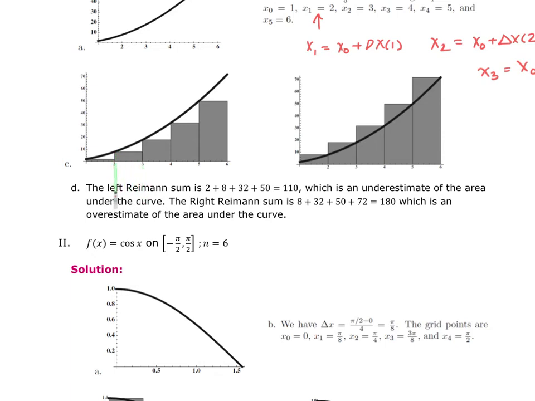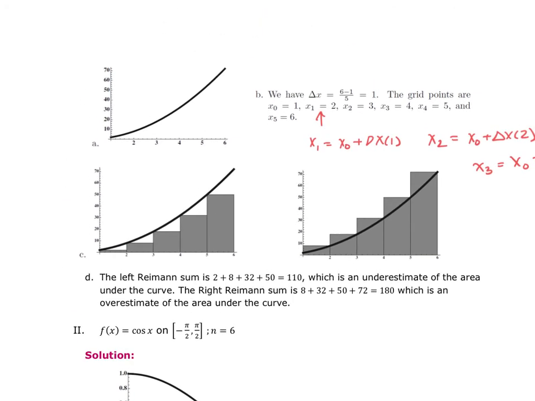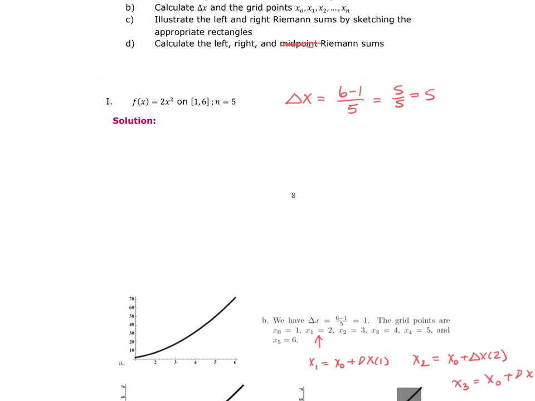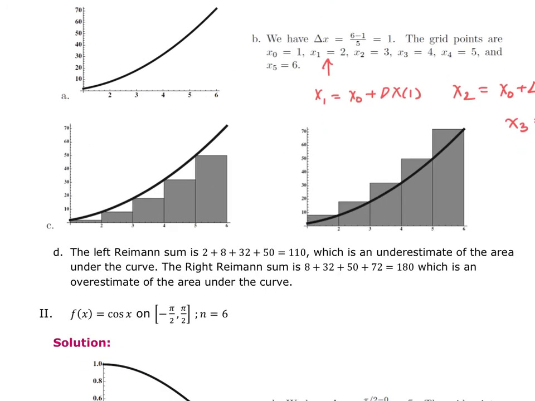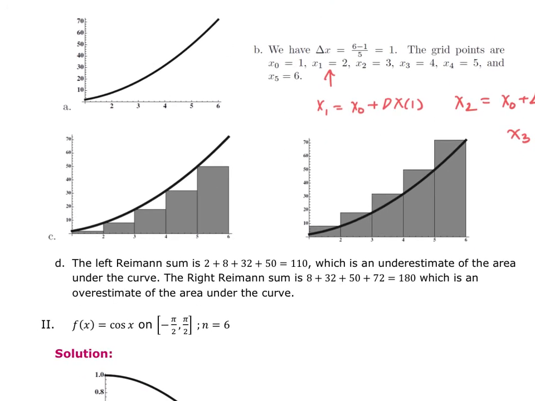I put in 2 into my original function. Remember what my original function is. My original function is 2x squared. So this is 1 times, I put 1 in there because I'm doing my left-hand side. So 1 multiplied by 2, that's why I have a 2 there.